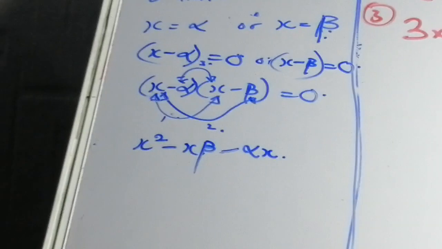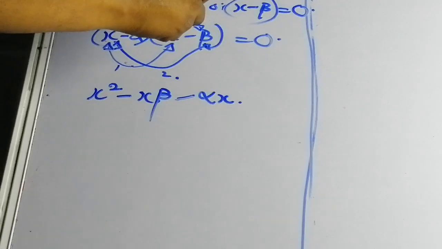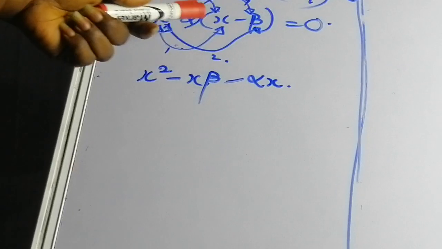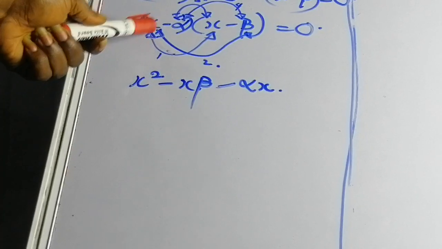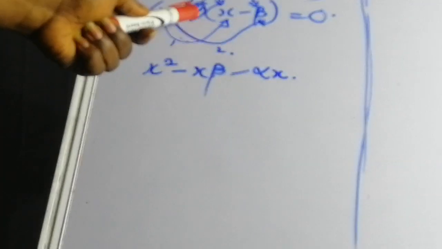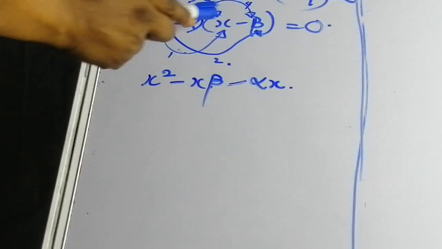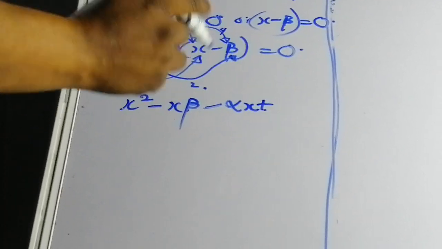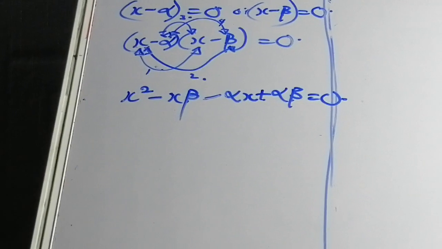Now we're doing the fourth one, which is this and this. So if you want to multiply x times x, x square, plus times minus, minus x beta, minus times plus, minus alpha x. Very simple. Now the fourth one, minus times minus, I've mentioned this, is plus. Then alpha times beta is alpha beta equals 0. It's as simple as that.